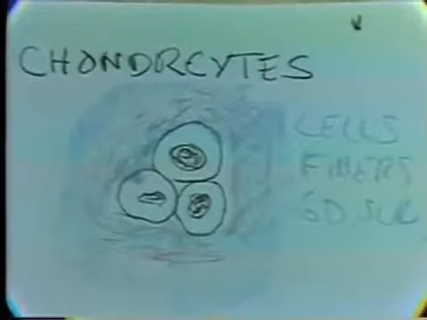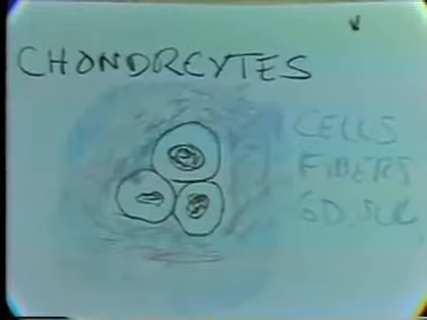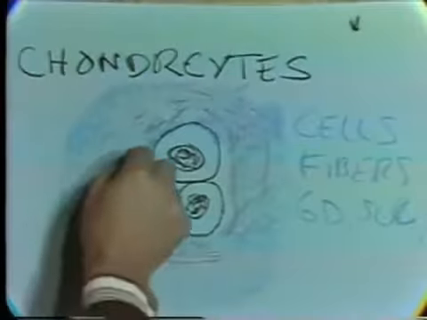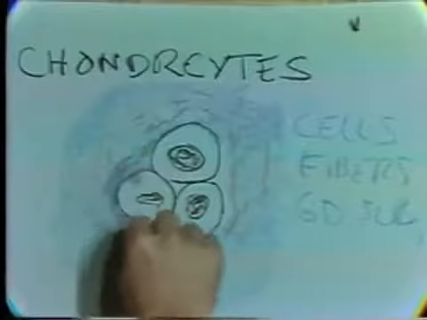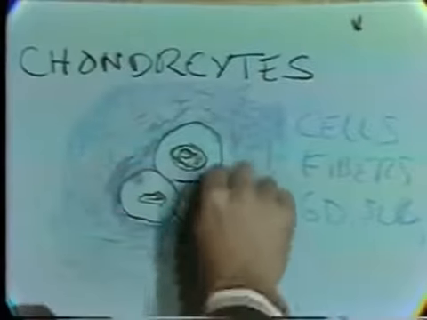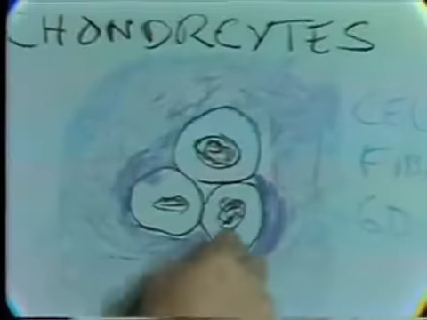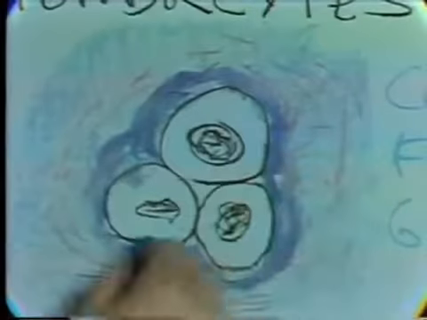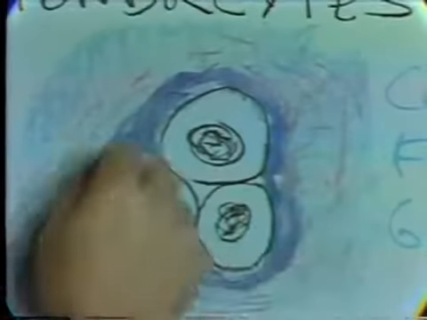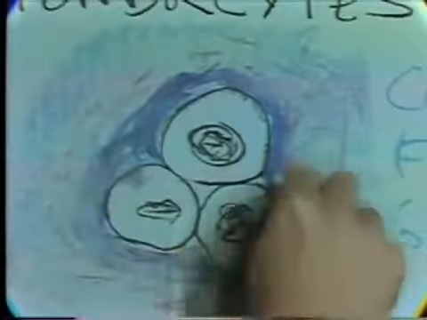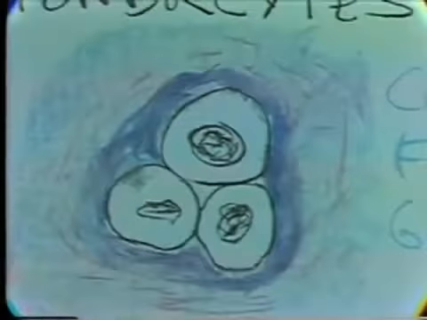Now, this mucopolysaccharide ground substance is a little bit different around the cells. So it gives an appearance kind of like a capsule in the immediate area. It'll stain a little bit different. And some people call this the capsule of these cartilage cells.